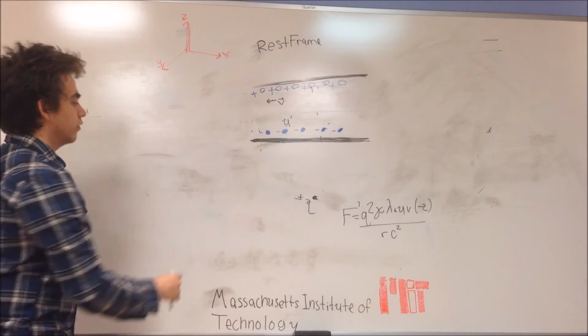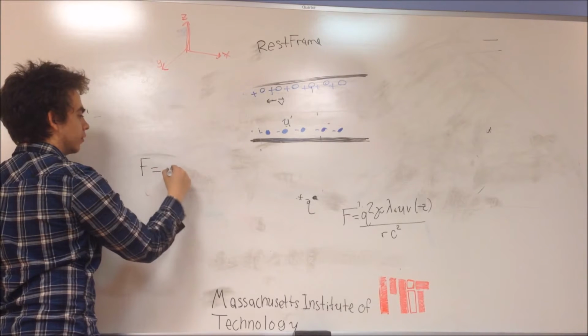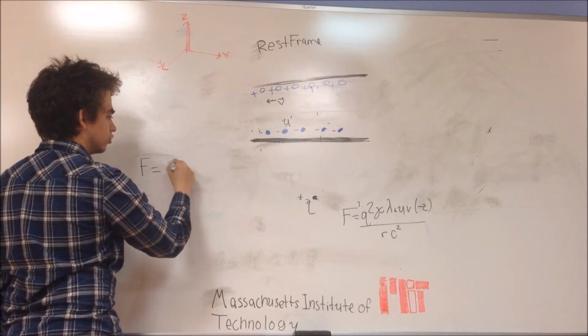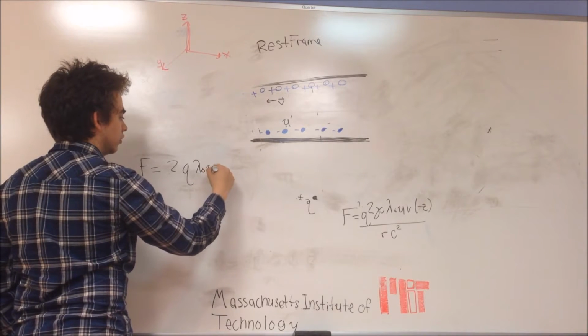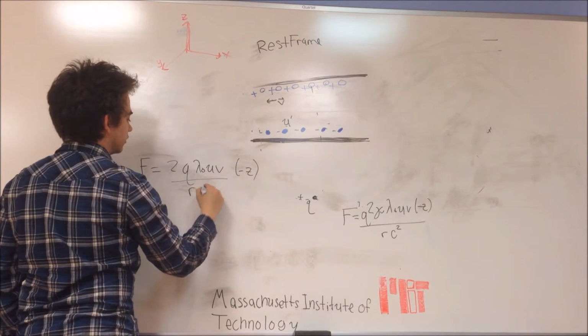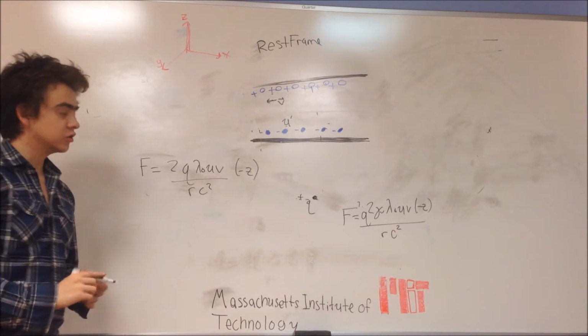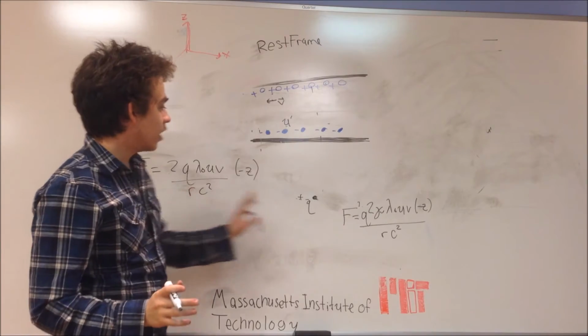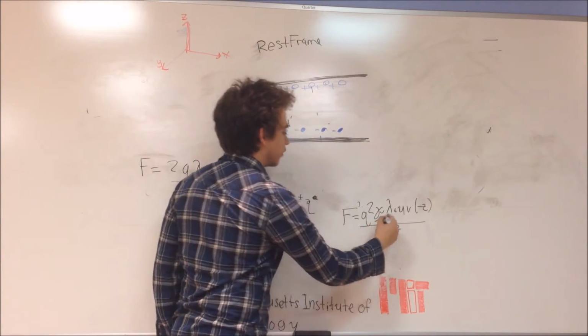On this particle, there was a force F that was equal to 2q lambda u v over r c squared. And this force was pointing down. So that was our original force. Now we have this new force that is the same thing, except for this factor of gamma.